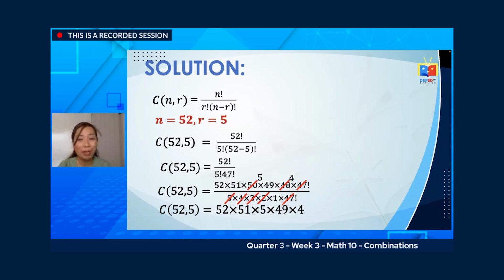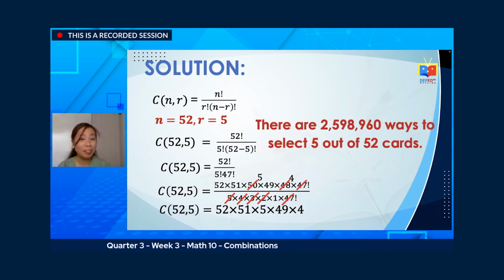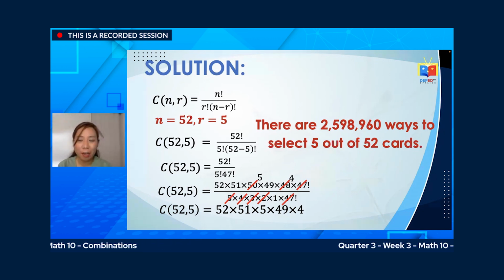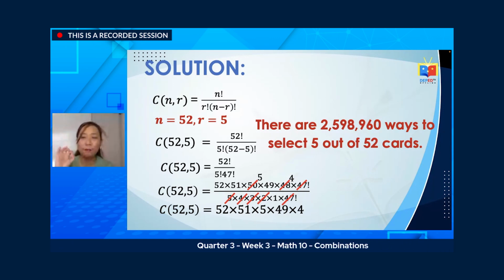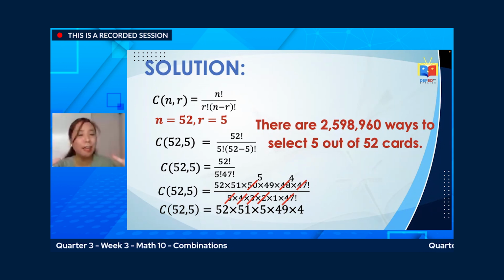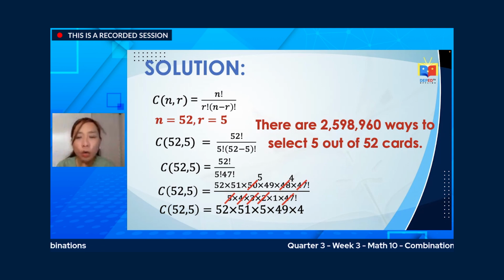The numbers are quite big, so yeah, use your calculator. As you can see here, there are 2,598,960 ways to select 5 out of 52 cards. Imagine that. The bigger your N, the smaller your R, there's the big chances or more choices of outcomes that we have.